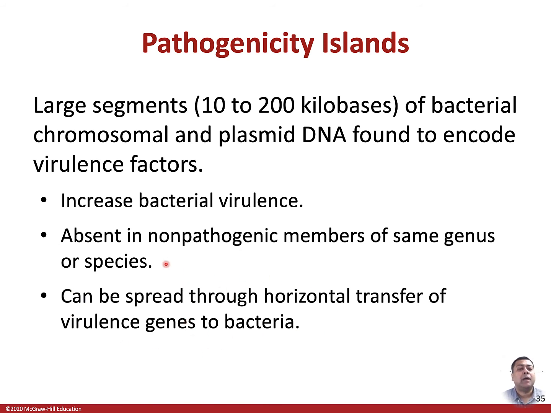Let's get an example of this and how these can work. Say, for example, there is an E. coli known as the O157:H7 strain. O157 stands for the O antigen, H stands for the H antigen, the flagellar protein. This is a pathogenic bacteria which gives bloody diarrhea. It's an E. coli.